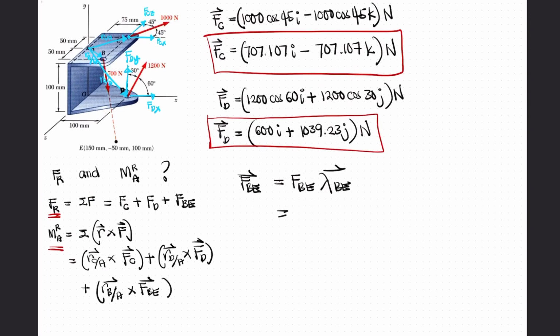The magnitude of F_BE is 700 newtons times the unit vector.